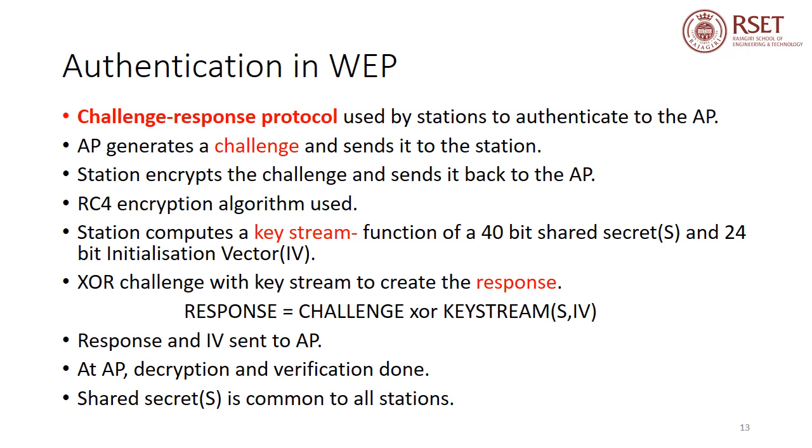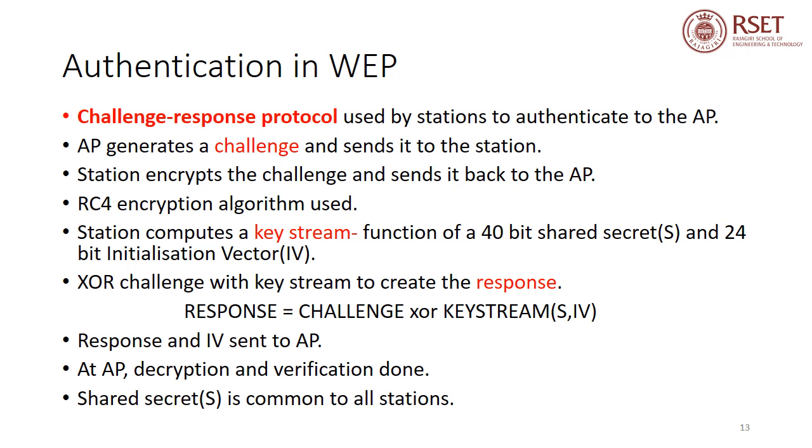To perform this encryption, the RC4 encryption algorithm is used. You have already studied the RC4 encryption algorithm in your previous semesters. It is a symmetric encryption algorithm. Here the station will compute a key stream value, which is a function of a 40-bit shared secret value S, which is common to all the wireless stations present in the current BSS, and also a 24-bit initialization vector.